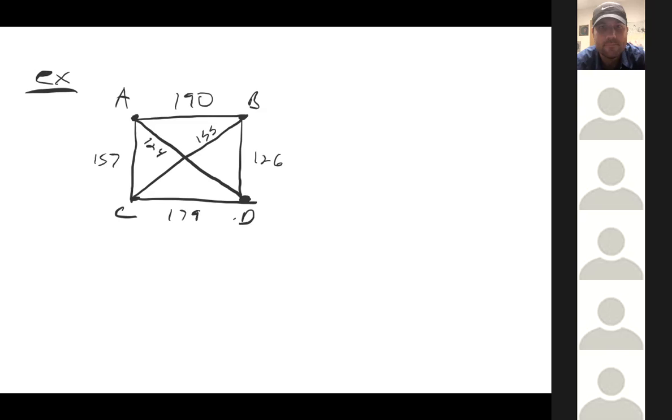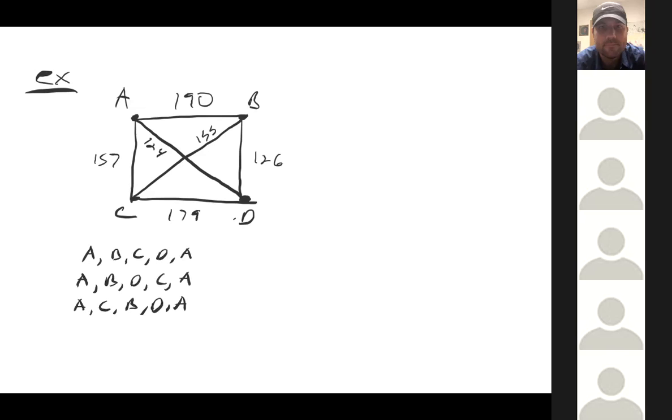So I go back to my different routes I had before. I'm going to list them here: A, B, C, D, A, and then A, B, D, C, A. We're always going to start at the same vertex when we're trying to find all the different possible routes, because they're all equivalent, just with a different starting point. And then A, C, B, D, A is another one.